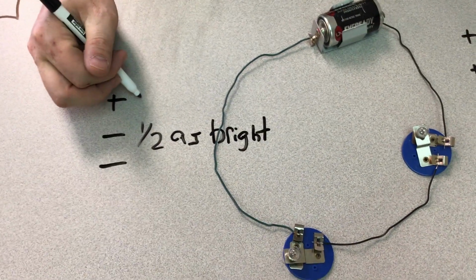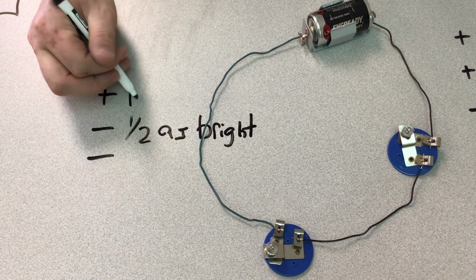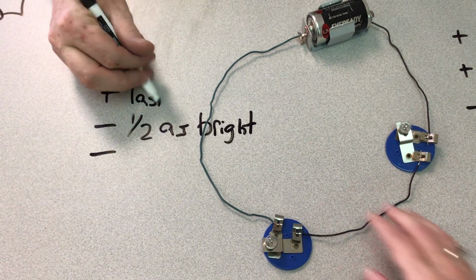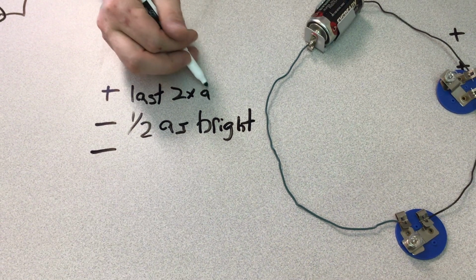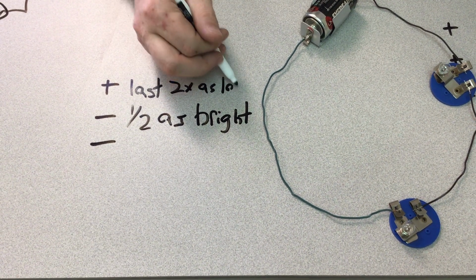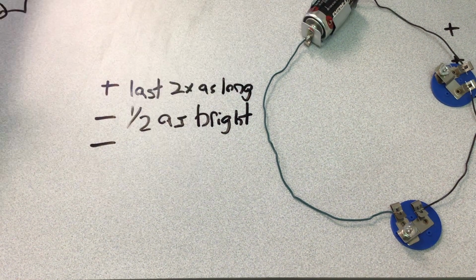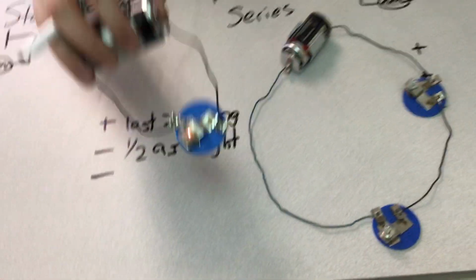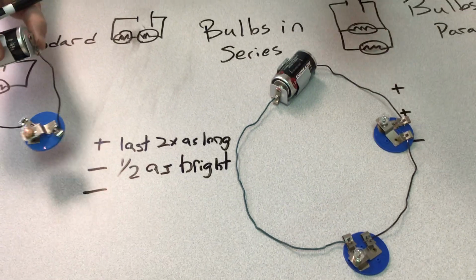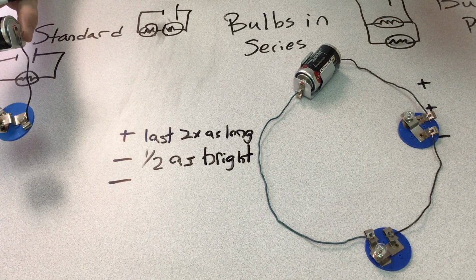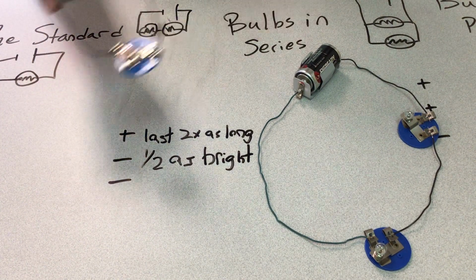The filament or the bulb will last 2 times as long. And if you forgot, 2 times as long as our standard circuit. So these filaments, as they are, we could expect them to last 2 times longer than this bulb.